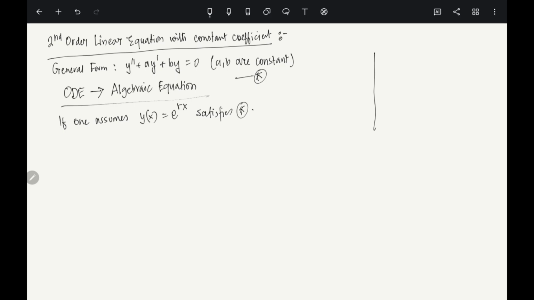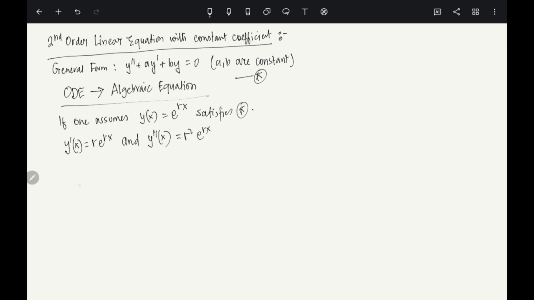If we can find some r such that e to the power rx satisfies this equation, then we are basically done. Then y prime of x is r e to the power rx, and y double prime of x is r squared e to the power rx.